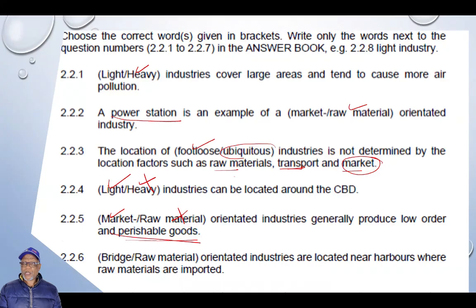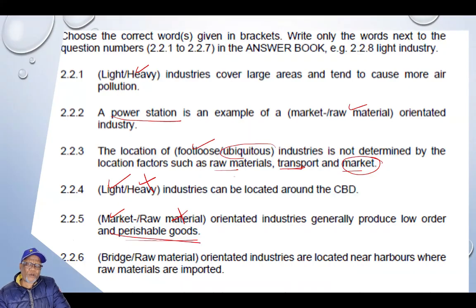So the market oriented industries will be your light industries. There's a link between market oriented and light industries, because market oriented are those industries that you will find closer to the customers.